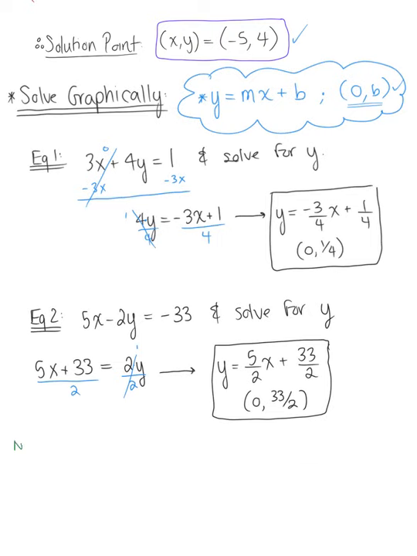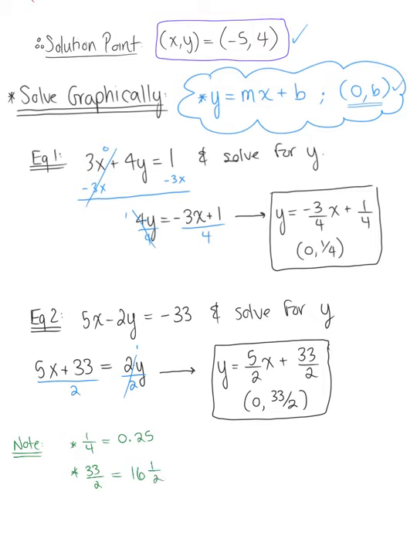And before we start sketching this graphically, we'll just make a little note here to ourselves because we're working with fractions. That 1/4 is equal to 0.25, so it's going to be closer to 0 than 1. And then we have 33 halves. So if we convert this to a mixed number, we know 2 goes into 33 16 times with 1 left over.